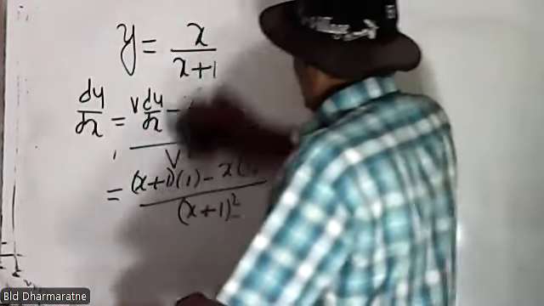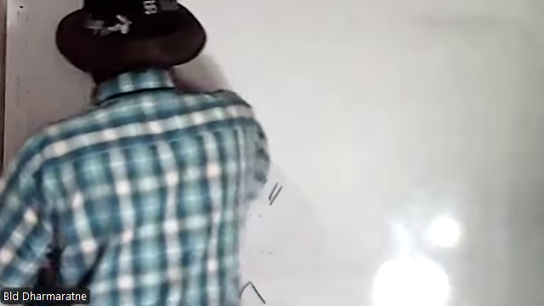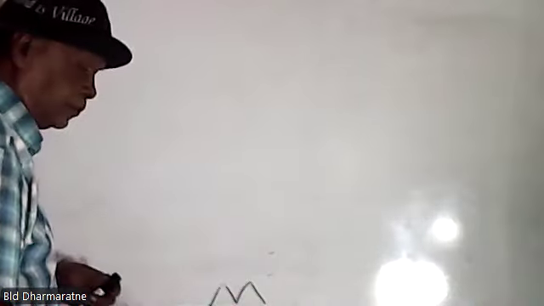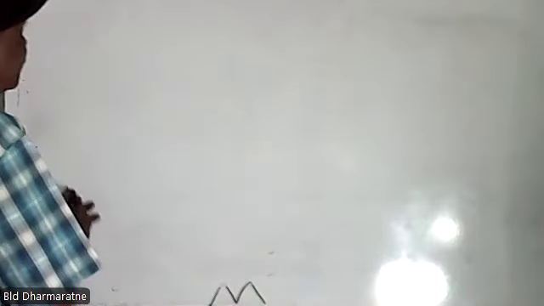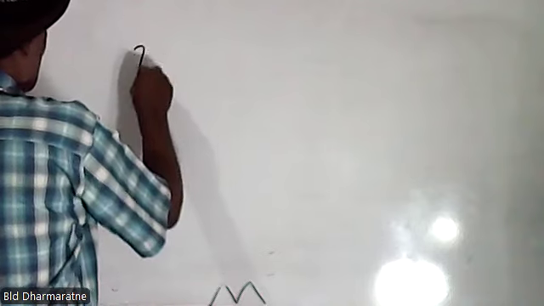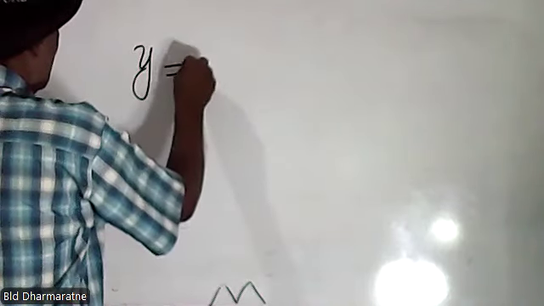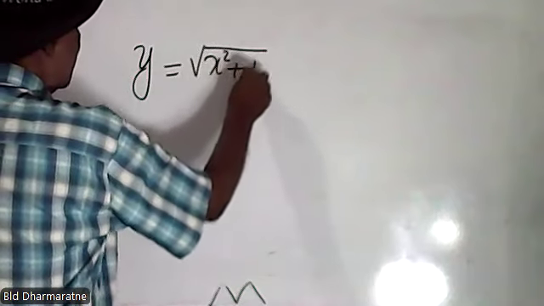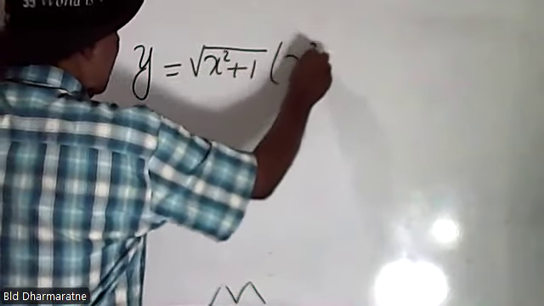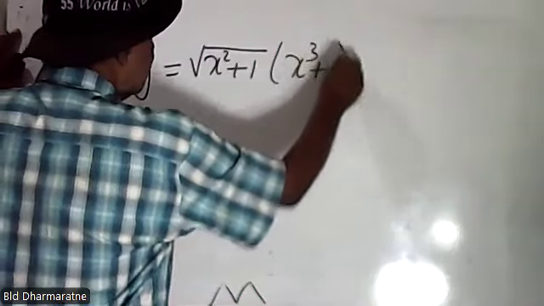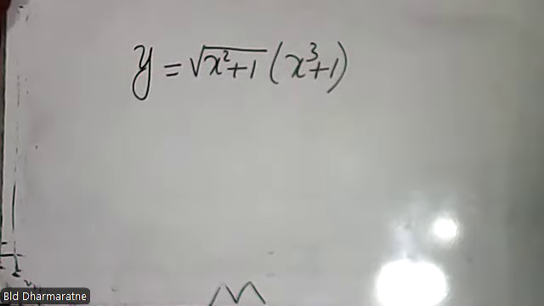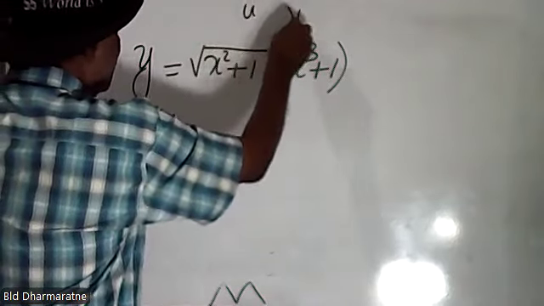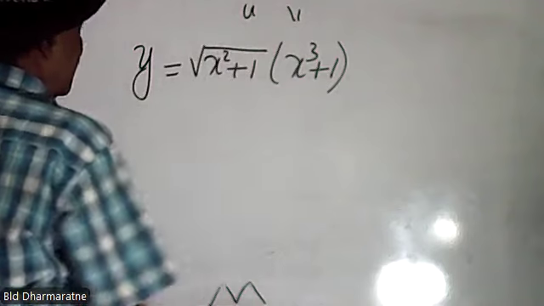Right. Now we are again taking another question, a very harder one. y equals square root of x squared plus 1 times x cubed plus 1. This is actually u into v type, but this is also a function of the function.